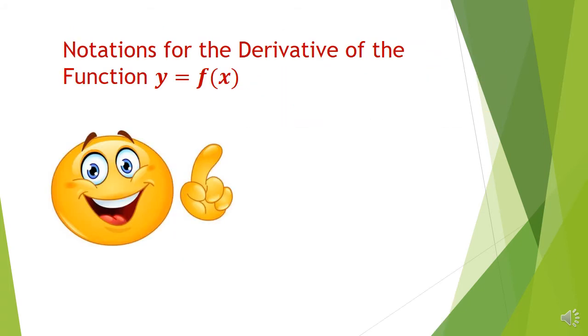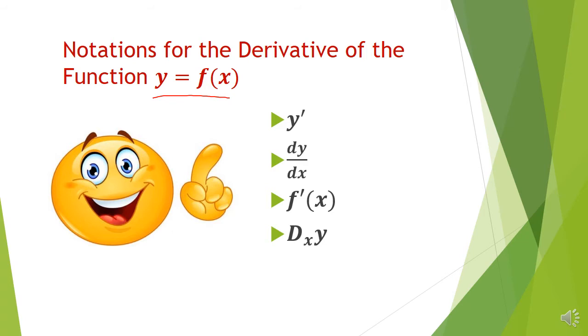Okay? So our notations for the derivative of the function, given this function y equal to f of x, we have the following. We have y prime, dy over dx or derivative of y with respect to x, f prime of x, and d over dx of y. Okay? Ayun.